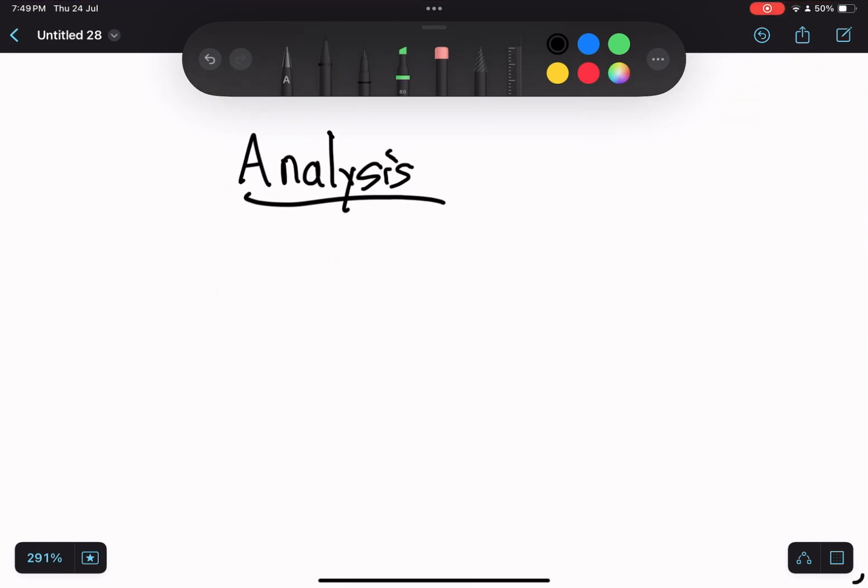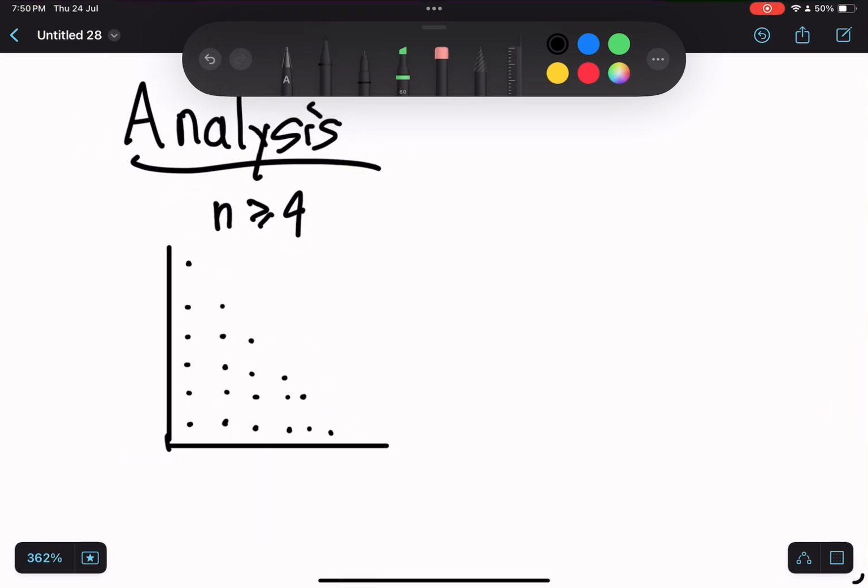Okay. So first we'll start by drawing our grid, which will have a triangular pattern, and let's assume n has to be greater than or equal to 4. This will become apparent later on. So let's say this is n equals 6, and now we are trying to prove a claim, which will be very important when we continue later.